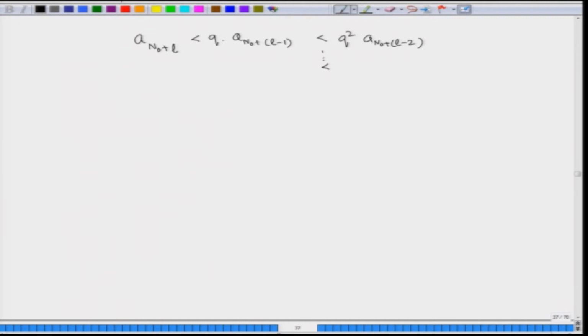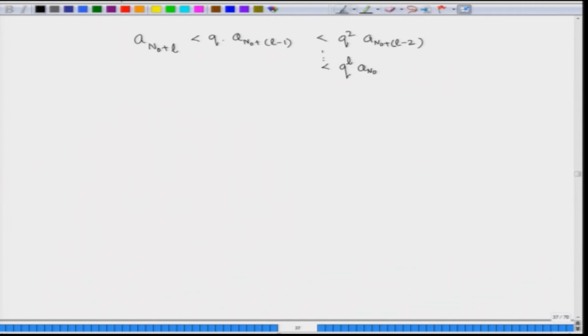If we go on like this, this would be less than q to the l times a n naught. Now, to get the sequence of a n, essentially what we can do is, if we can show that the series of a n naught plus l converges, then this is going to converge. Towards this end, what do we see? That this side.